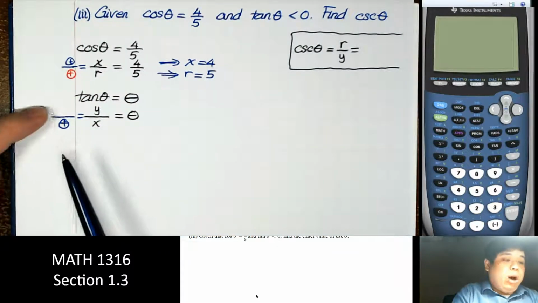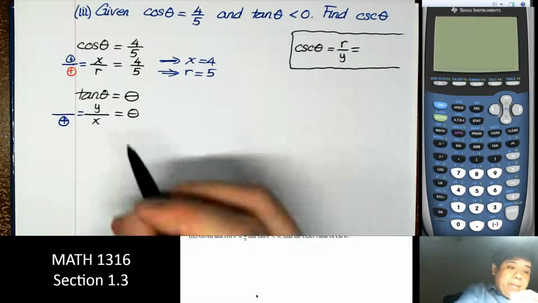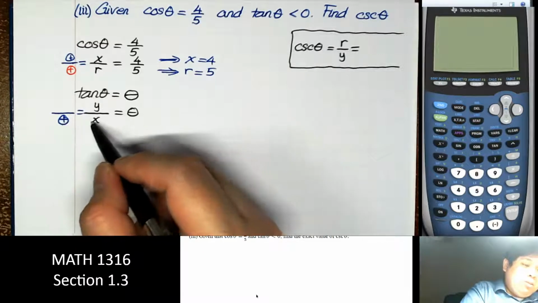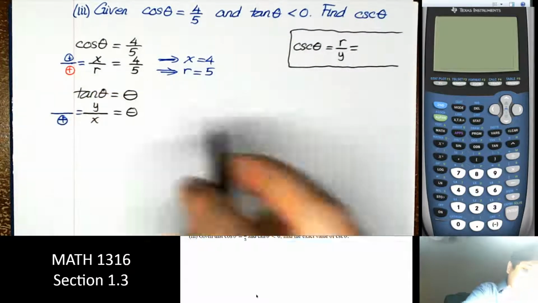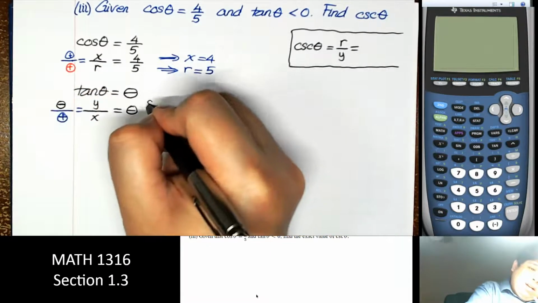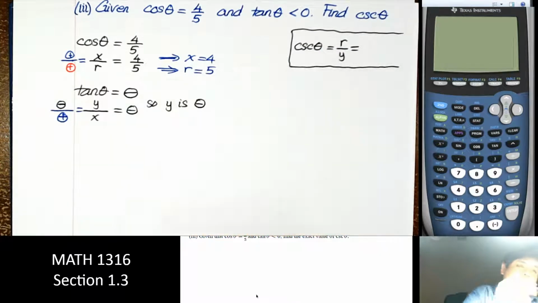Now based on this, what do you think y has to be? Because the overall quotient is negative, one of them is positive, the other one must be negative. So y is negative. So those are the reasoning that we need to make.